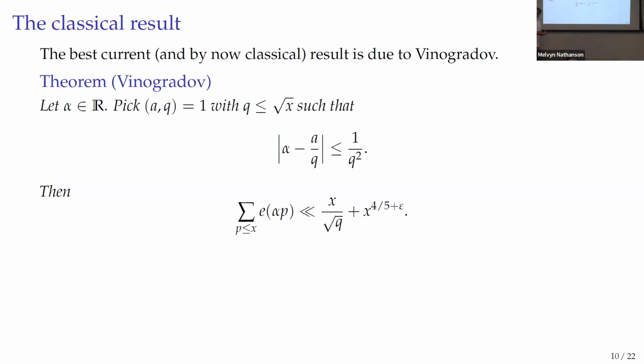Maybe not the correct exponents, but at least the correct shape of things. This is a very old result of Vinogradov from 1937. And just before preparing this talk, it occurred to me that 1937 was a very tough time in Russia. It was the Great Purge. So he was somehow producing during this turbulent time.